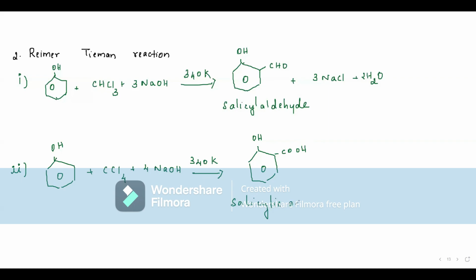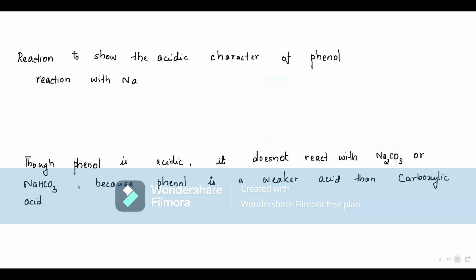Salicylic acid. Along with the same byproducts, sodium chloride and water. Both these reactions are examples for Riemer-Tiemann reaction. Okay, so Kolbe's as well as Riemer-Tiemann are important reactions of phenol.